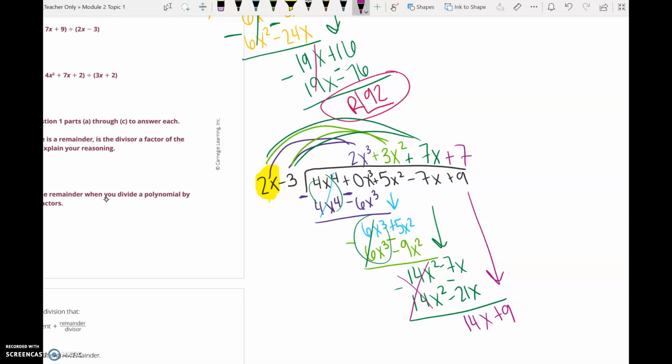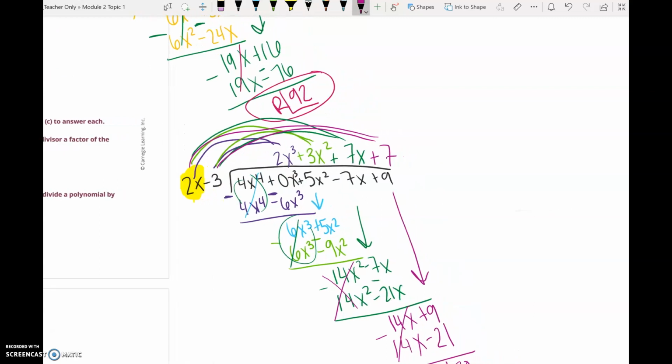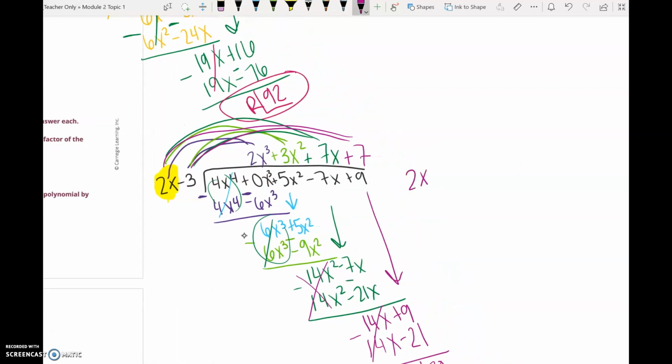It is purely coincidental that those are both 7s. There is no trick to that, okay? 7 times 2x is 14x. 7 times negative 3 is negative 21. I am subtracting, so that's 9 plus 21, which is going to make 30. That's definitely not a factor. It's okay, though. You can still write the final answer.